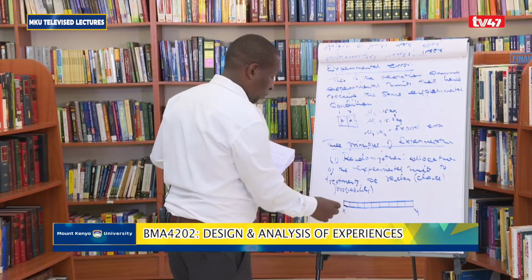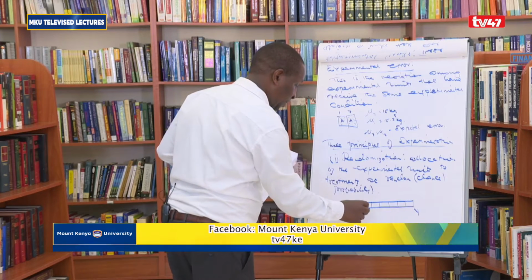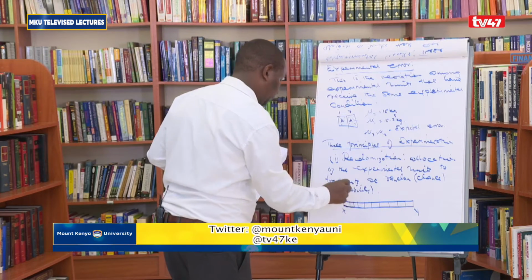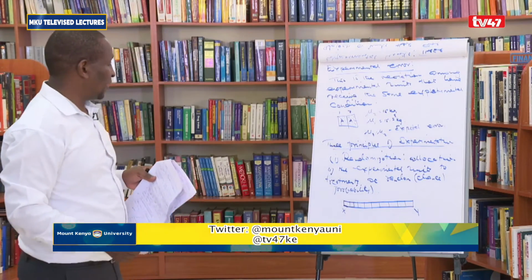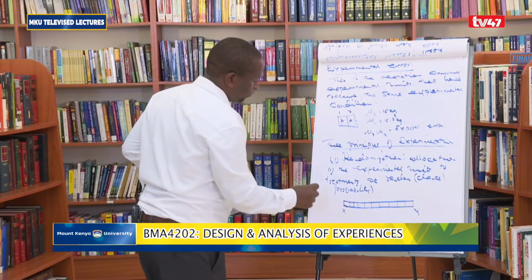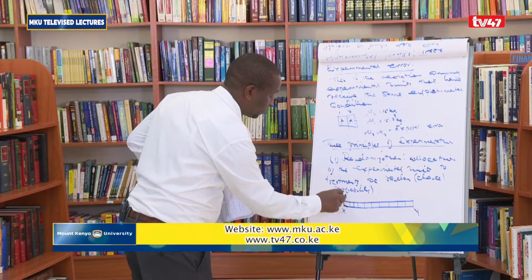So 1, 2, 3, 4, 5, 6, 7, 8, 9, let us make them 10. We want to compare the 2 fertilizers A and B.